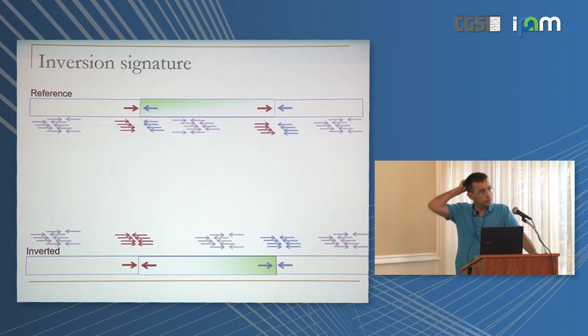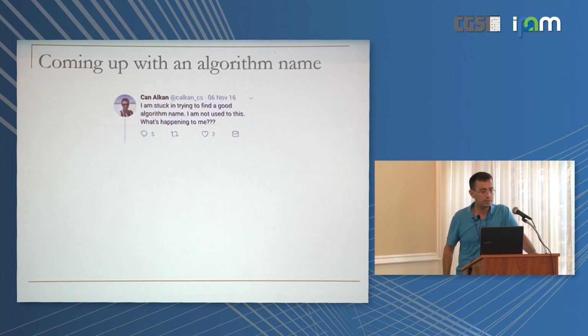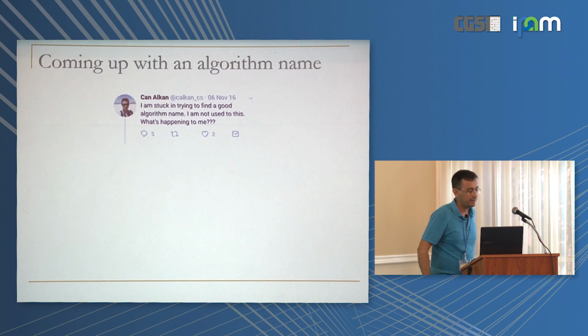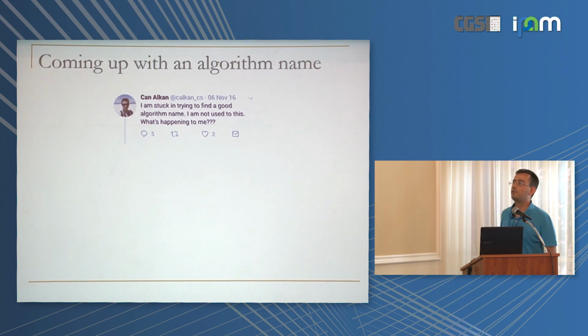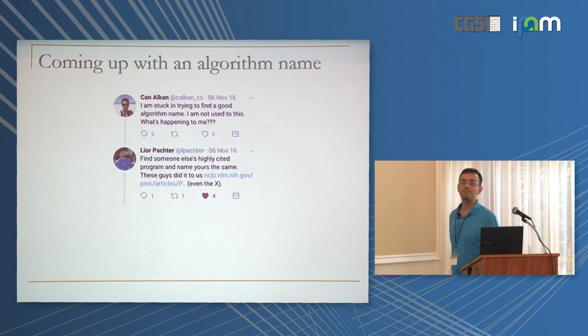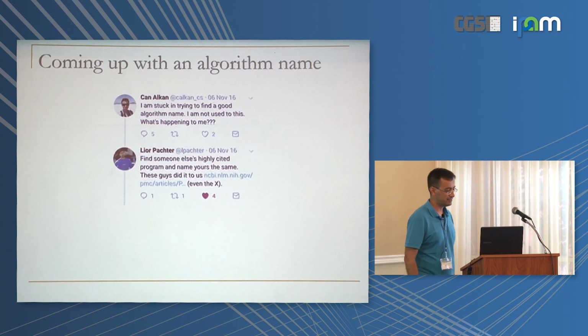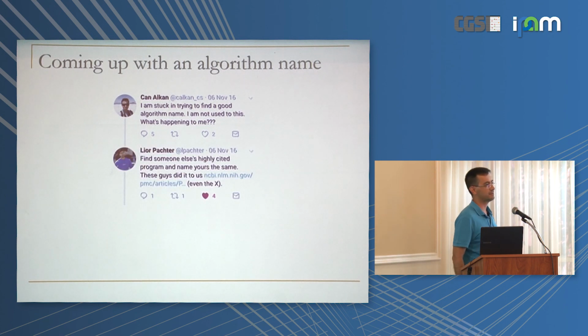So when we started looking at this, as a responsible PI, I started to think about algorithm names, and I couldn't find any. So I tweeted about it. I was asking for help, and then Lior came. Lior said, just find somebody else's algorithm and name your algorithm the same.